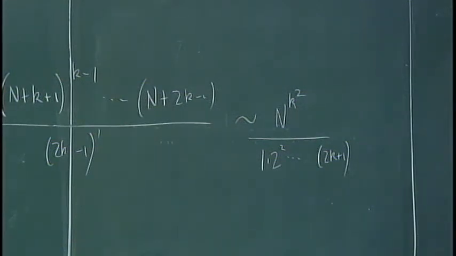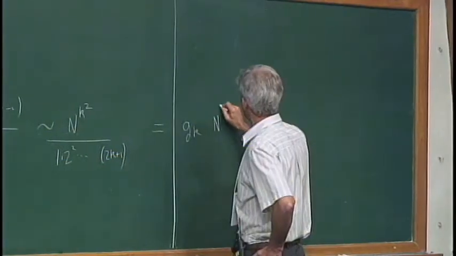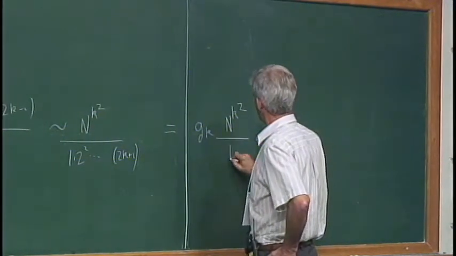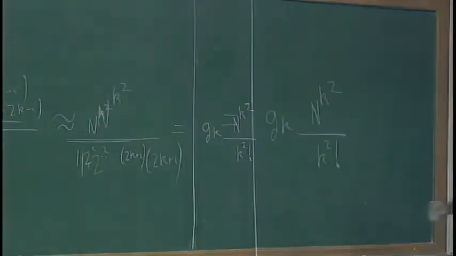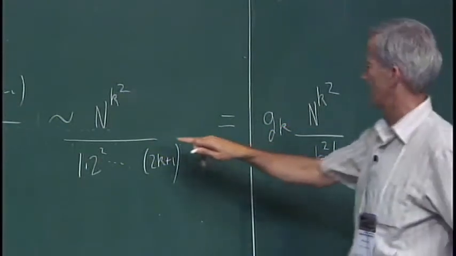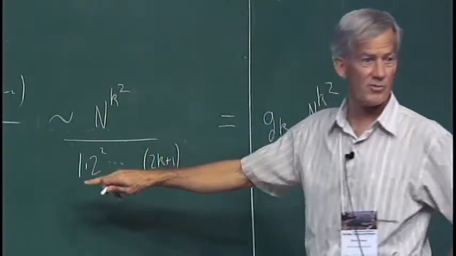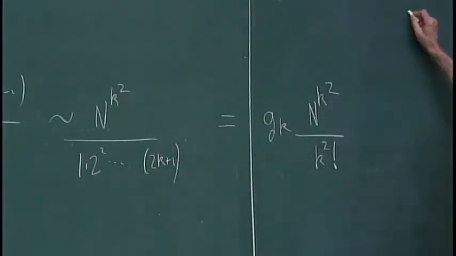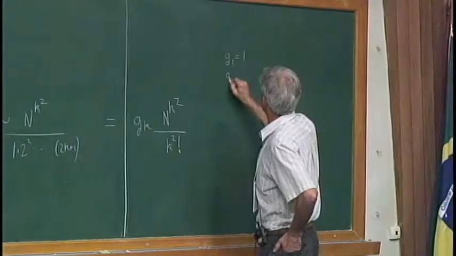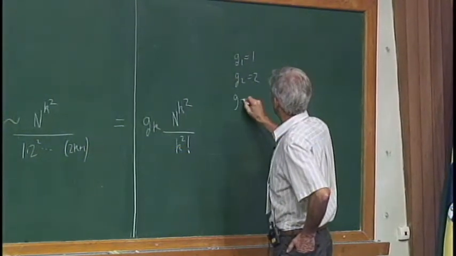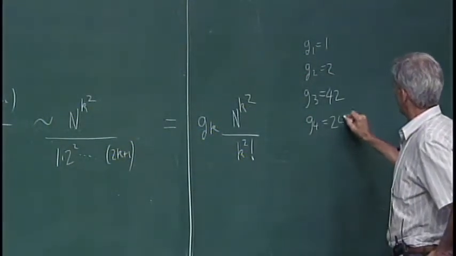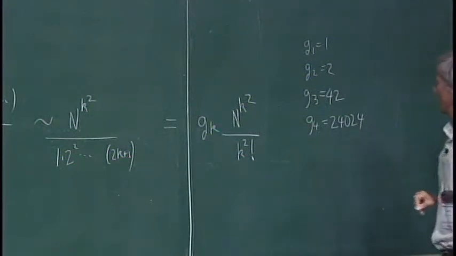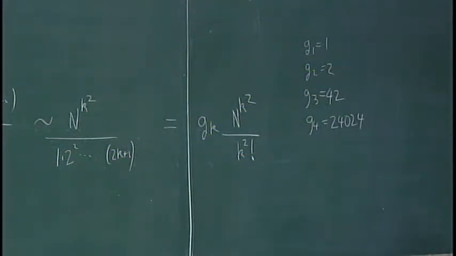If you were to write this as gk times n to the k squared over k squared factorial, then gk is implicitly defined as k squared factorial divided by this product. Then you find that g1 is 1, g2 is 2, g3 is 42, g4 is 24,024. And so it exactly matches up.